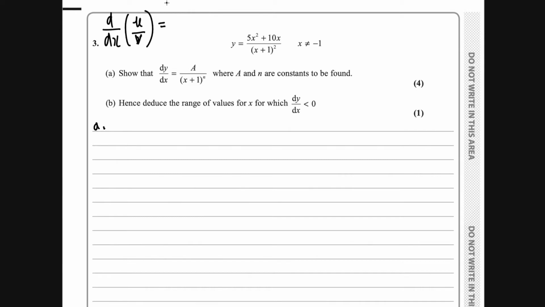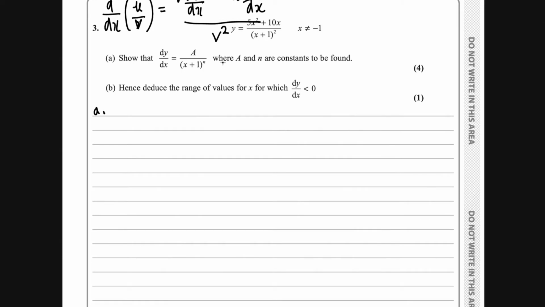The derivative is going to equal v, so the denominator, times by the derivative of the numerator, which is going to be du over dx, and from that we're going to subtract the numerator multiplied by the derivative of the denominator, and we're going to be dividing that by v squared, so the denominator squared.